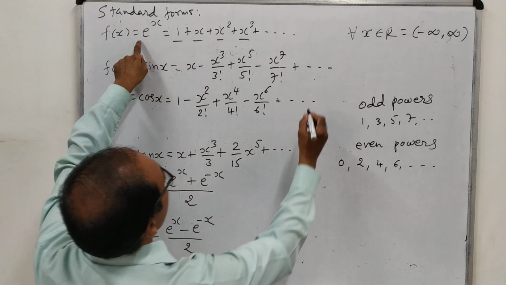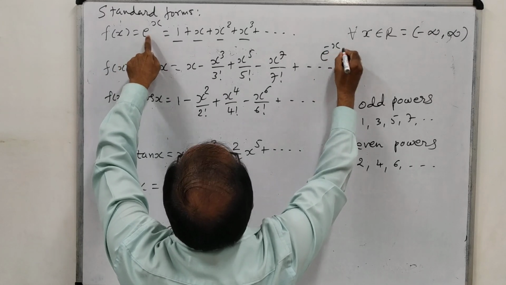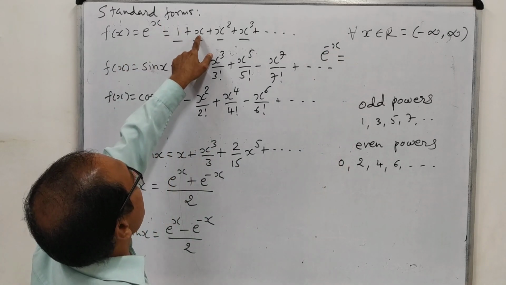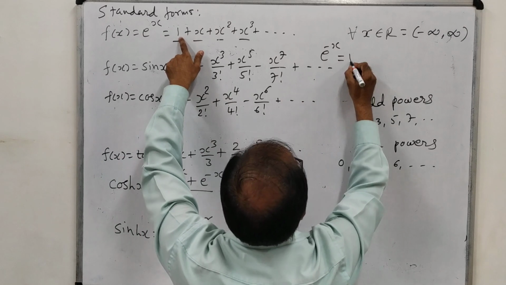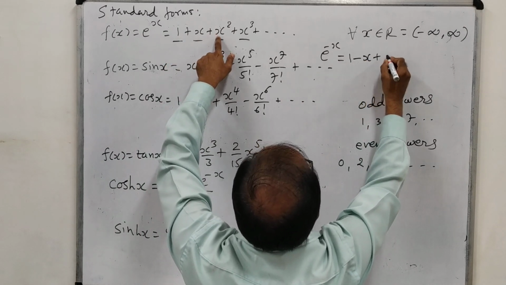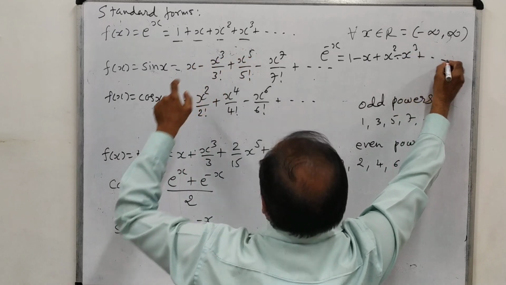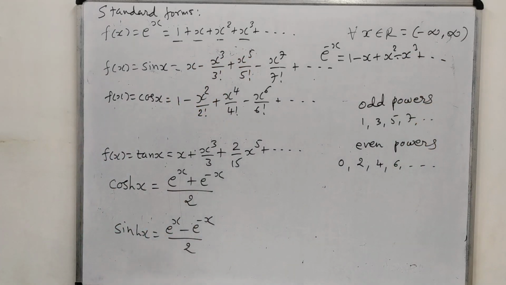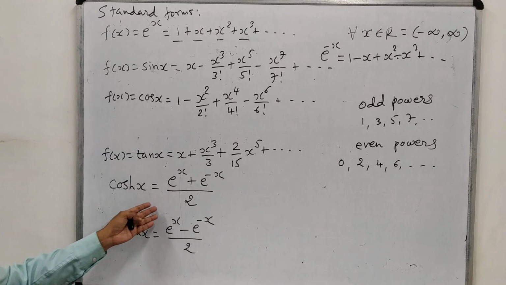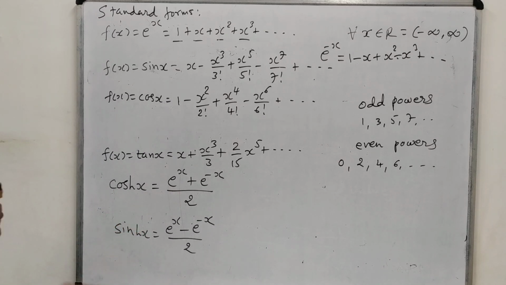So what will be e raised to minus x? That means you replace x by minus x. So it is 1 minus x, minus x square means plus only, minus x cube plus dot dot dot. So you can use this fact to find the series for cos hyperbolic x and sin hyperbolic x.